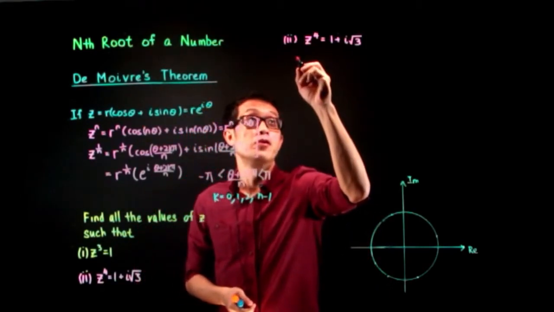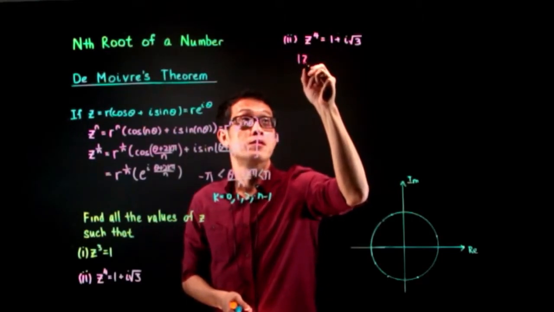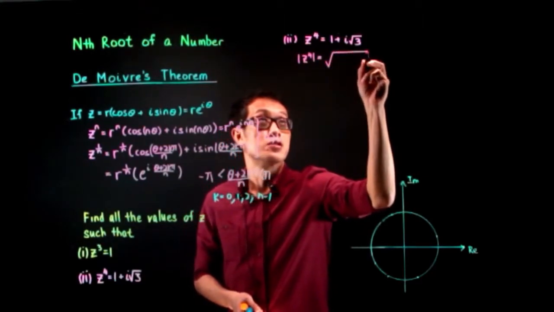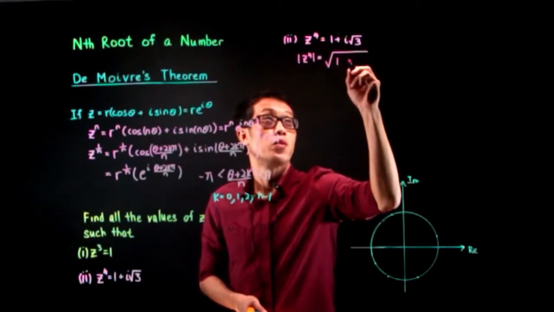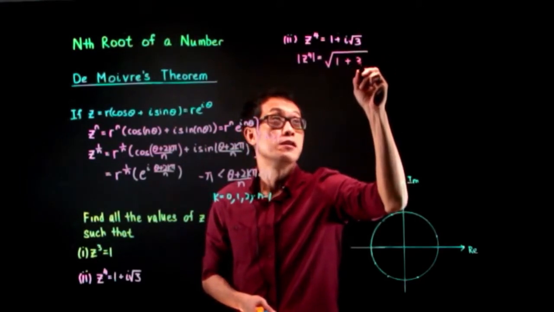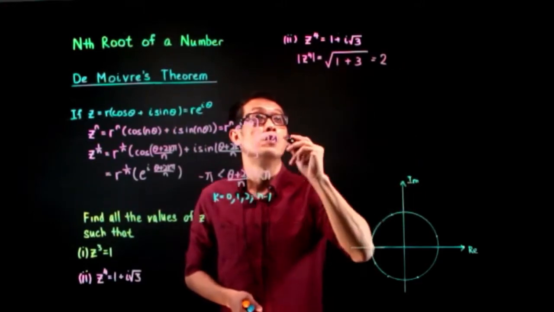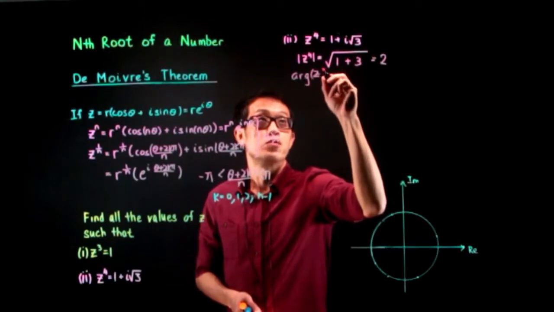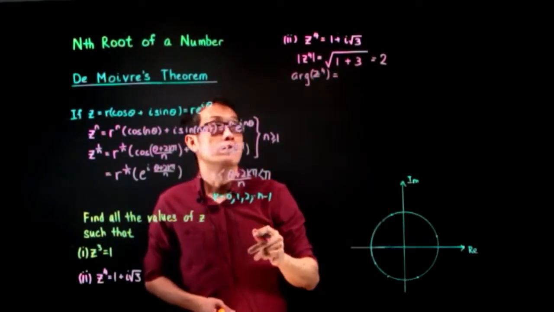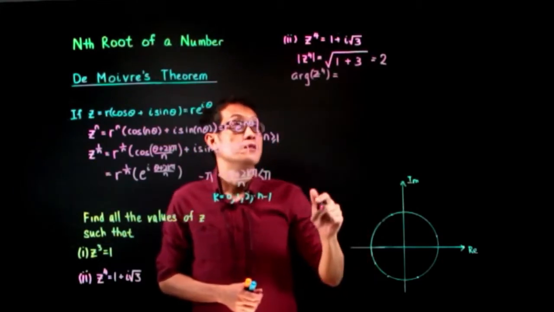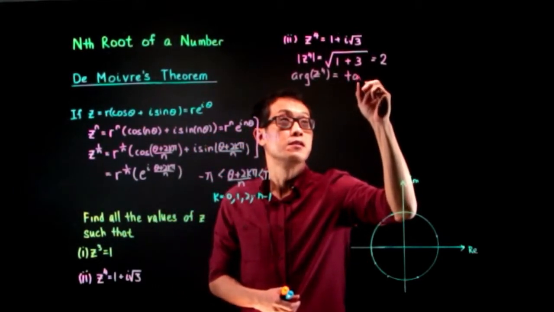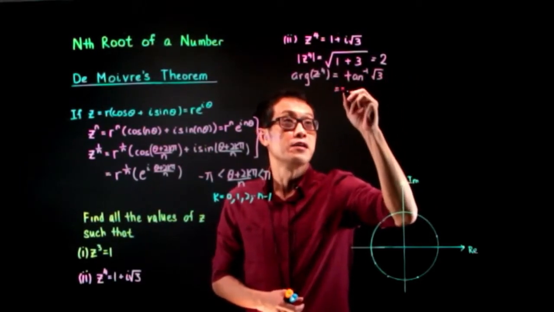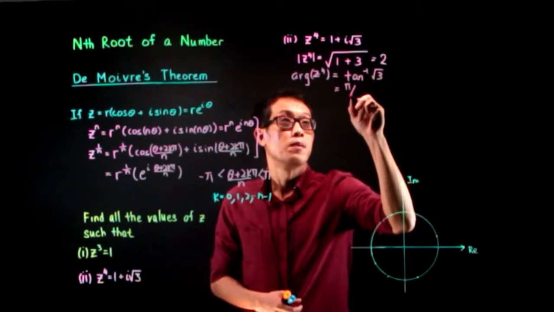Now what is the modulus of z to the power of 4? This will be equal to the square root of the square of 1, which is 1, plus the square of root 3, which is 3, so this is 2. Now what is the argument of z to the power of 4? This is in the first quadrant, so that will be tangent inverse of root 3 over 1, and that gives you pi over 3.